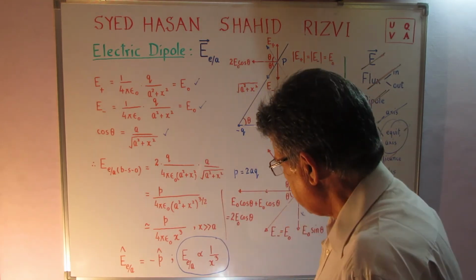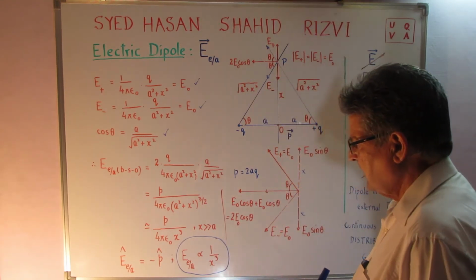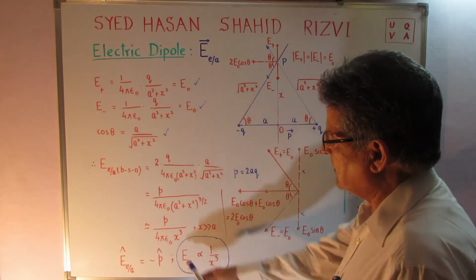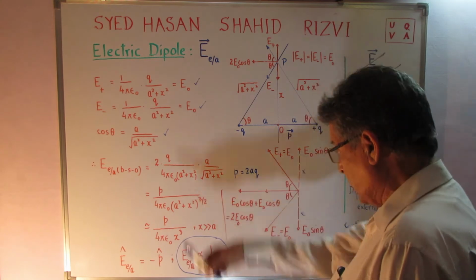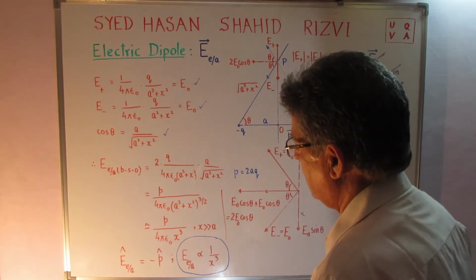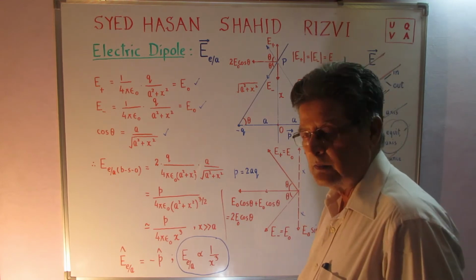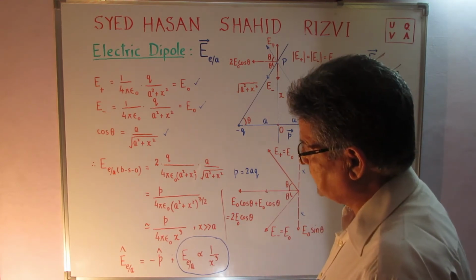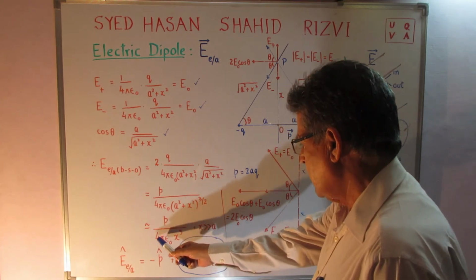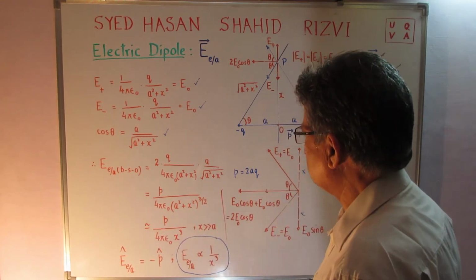But if we take that, then here the value is p upon 4 pi epsilon naught x cubed, and there in the end-on position, or on the axis of the dipole, the result was 2p upon 4 pi epsilon naught x cubed.